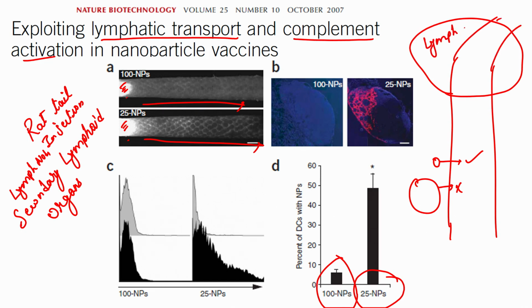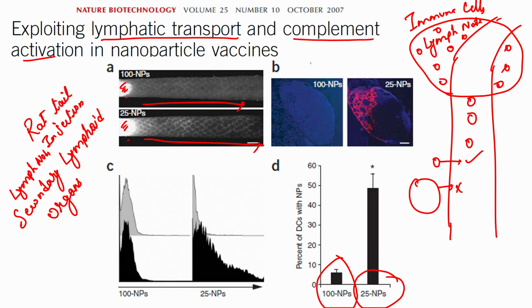This is where lots of immune cells reside and they sample whatever is coming and flowing through the lymphatics. And so now what you ensure is, because you have 25 nanometer particles entering, much higher delivery of these particles into the lymph node, which is the site of quite a bit of immune cells. If you are looking to generate immunity, this site is very attractive for targeting, because all the immune cells are there already. And that is what they have seen.